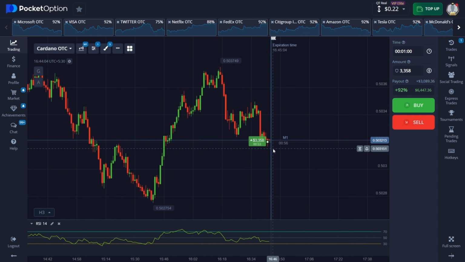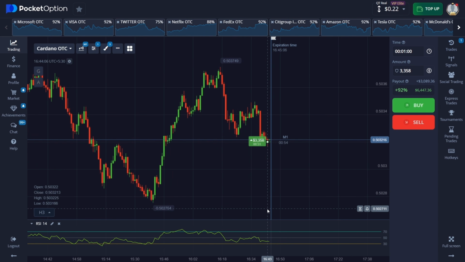The previous candle did not close as a strong red candle, but I placed the trade for an upside move because it was a good opportunity. And there was also a small divergence.